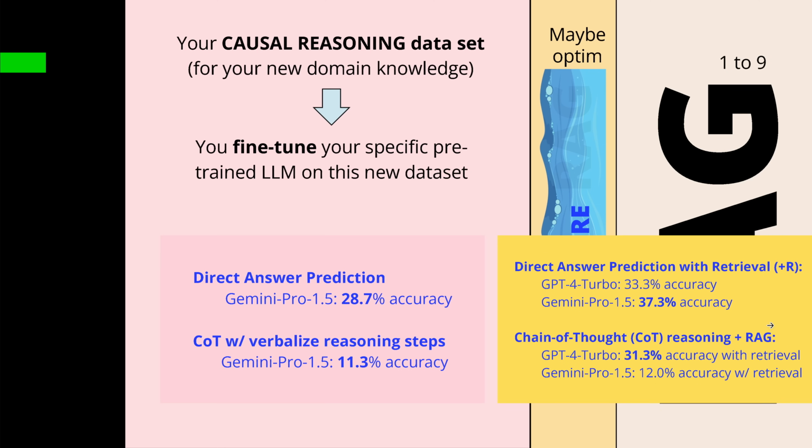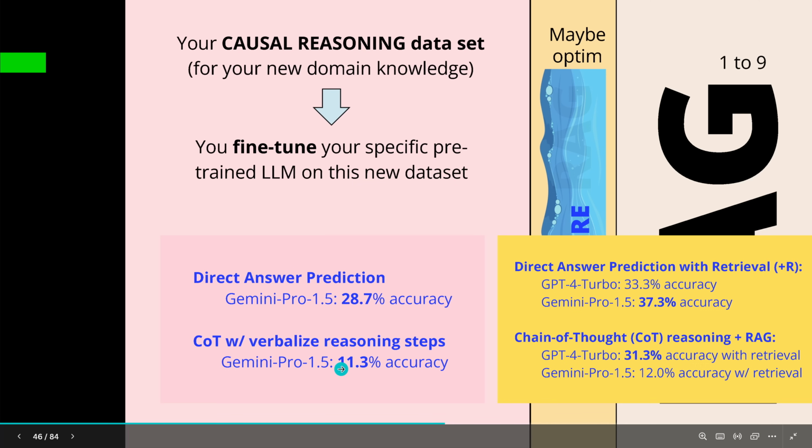And the RAG system now delivers, so to speak, the solution from its vector store knowledge. You see, we go from 11.3% to 12%. So we increase with RAG by 0.7 percentage points.